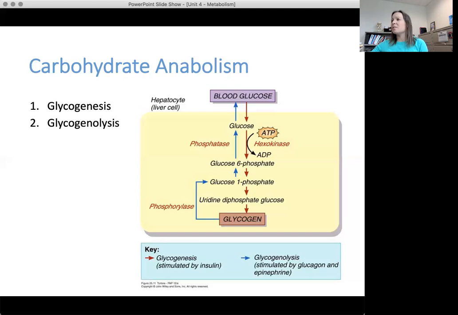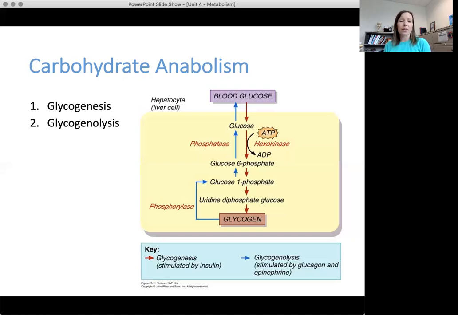So the different substances that your body can make glucose from, there's really two main choices, either amino acids, which can be turned into pyruvic acid, and then pyruvic acid can enter glycolysis and be converted into glucose, or glycerol.